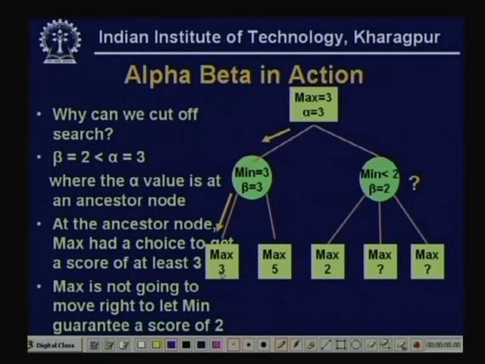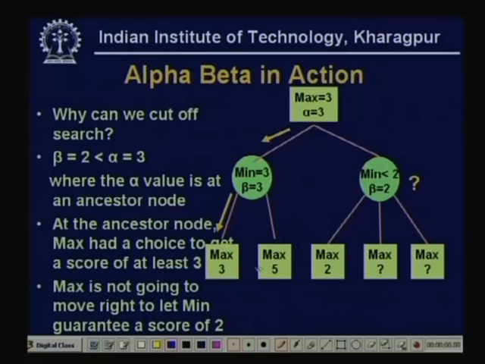So, when this 3 is discovered, min gets a beta value of 3. That is, the value of min will be greater than or equal to 3. When this node is found, then beta value remains 3 and the value of min is now exactly equal to 3. Because the value of min is exactly equal to 3, we can set the alpha value of this node equal to 3. Okay. Therefore, max value will be less than or equal to 3.